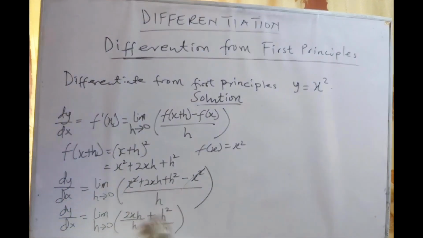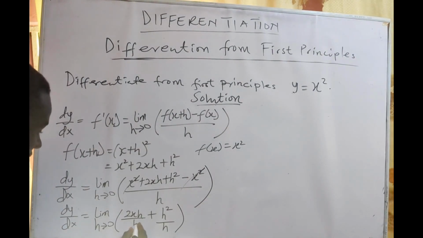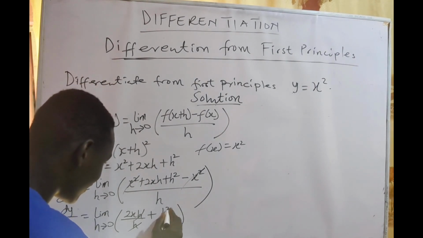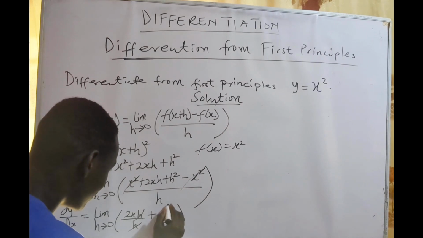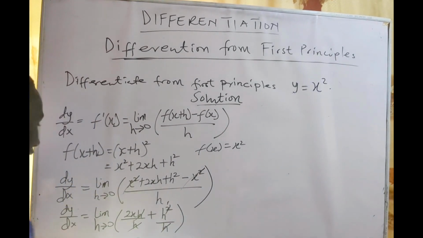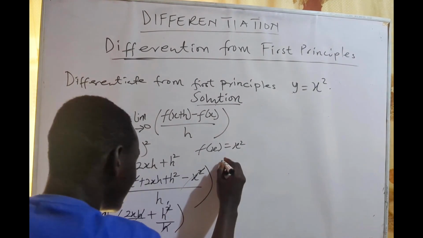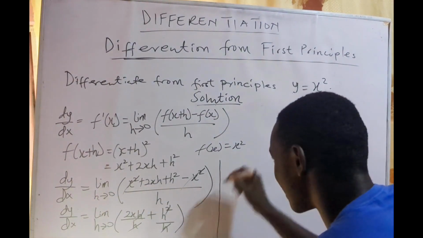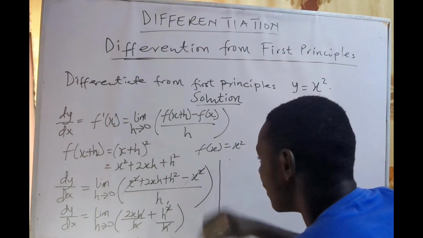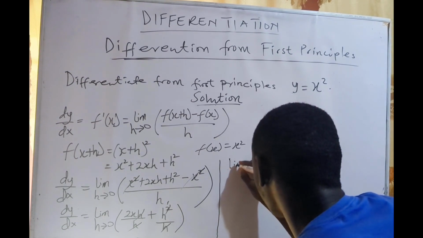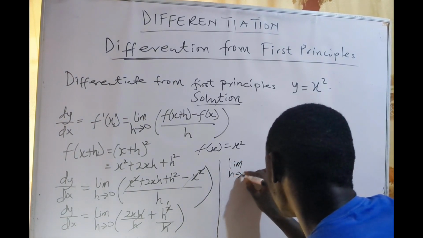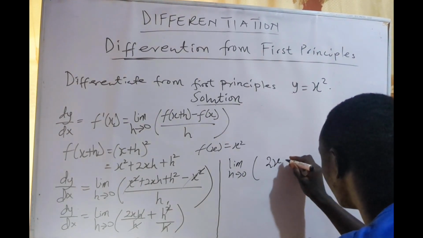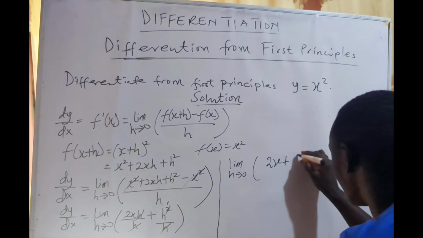Now we cancel the like terms here. h cancels h, and here h cancels one h, remaining one h. So we can now say dy dx is the limit as h approaches 0 of 2x plus h.